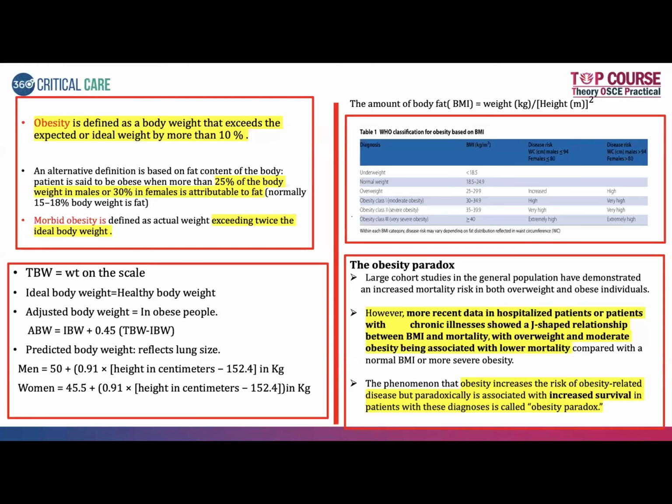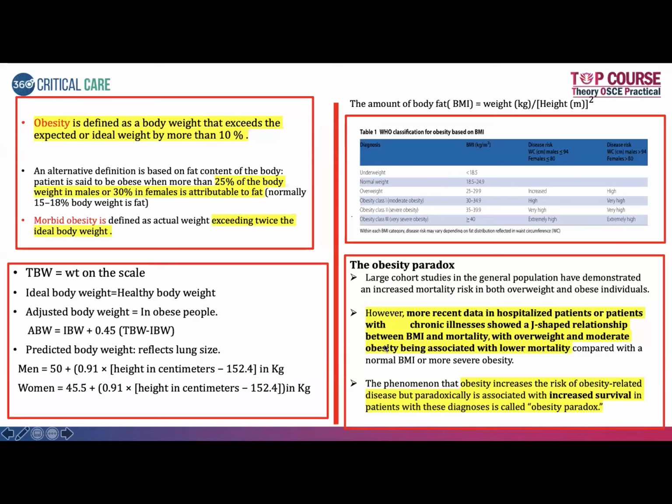So what is obesity paradox? Most large cohort studies in the general population demonstrated an increased risk in both overweight and obese individuals. However, more recent data in hospitalized patients with chronic illness has shown a J-shaped relation between BMI and mortality.